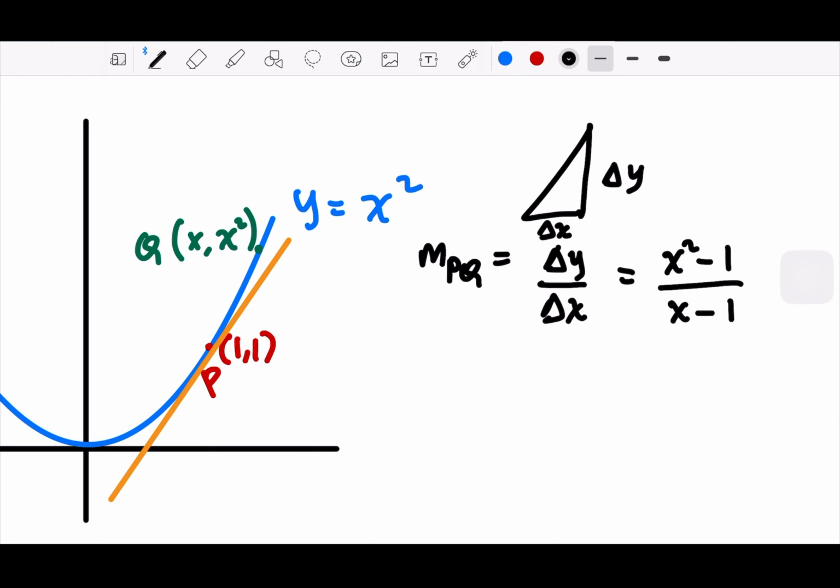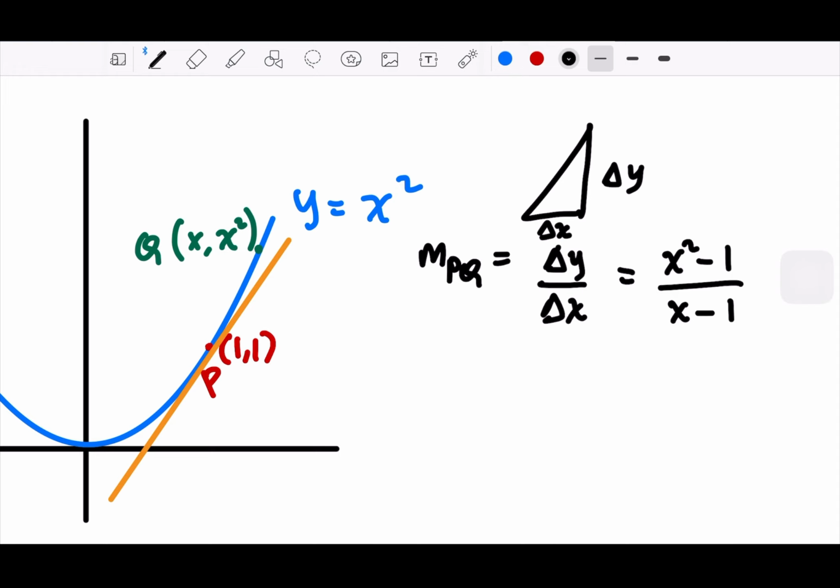And now, for this green point, we can input any number, maybe 1.5, maybe 0.5, any number. Our goal is that we want to know what it looks like at this certain point here.